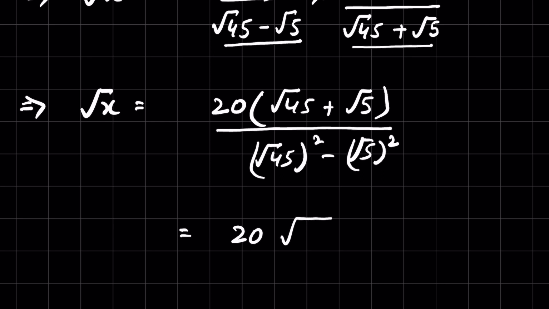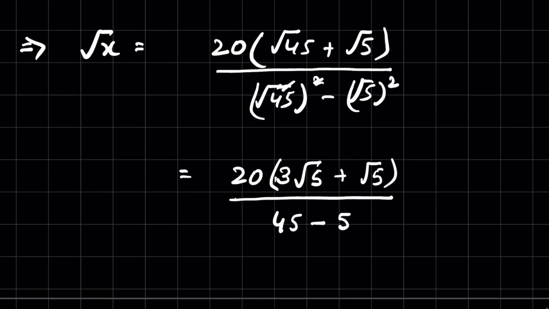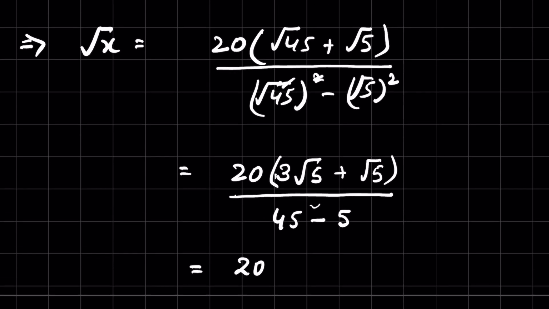Or this will be 20 times √45, we can simplify it, 5 times 9 is 45, or √5 times √9, √9 is 3. So, this will be 3 times √5 + √5 upon 45, this square root gets removed with the square, − 5, or this is 20.